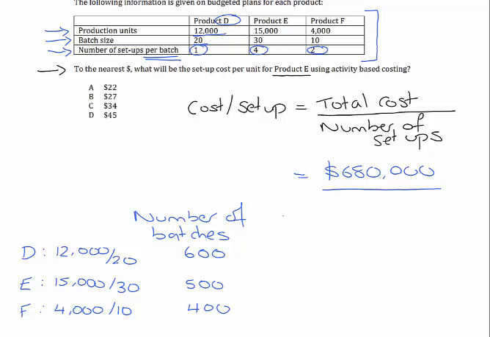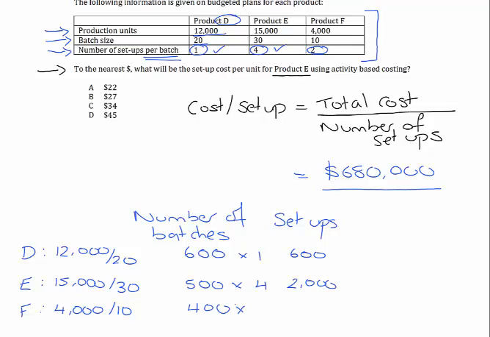We can then work out our setups, and for product D there is one setup per batch, so that's going to be 600 setups. And then for E there are 4 per batch, which gives us 2,000 setups.